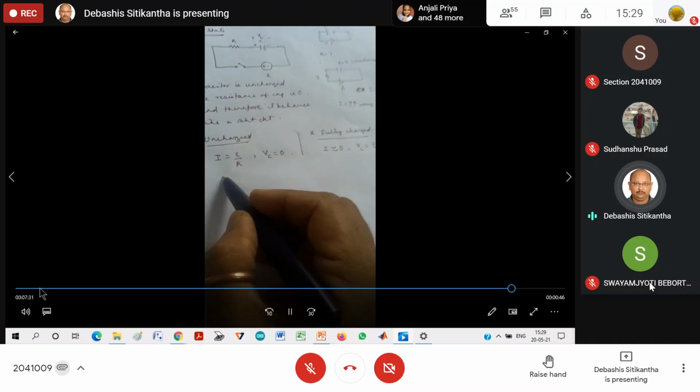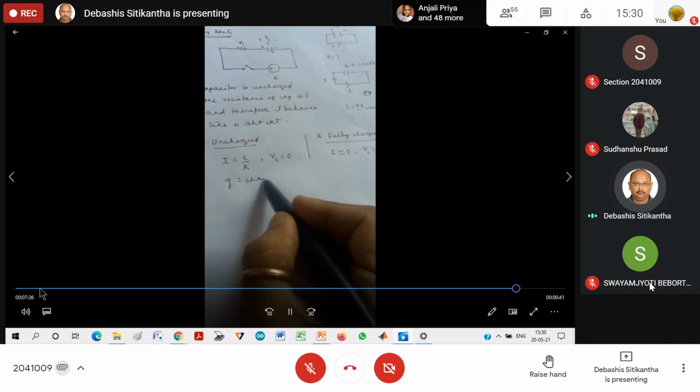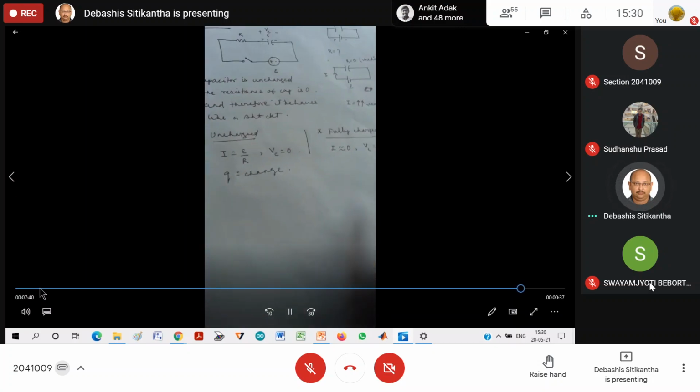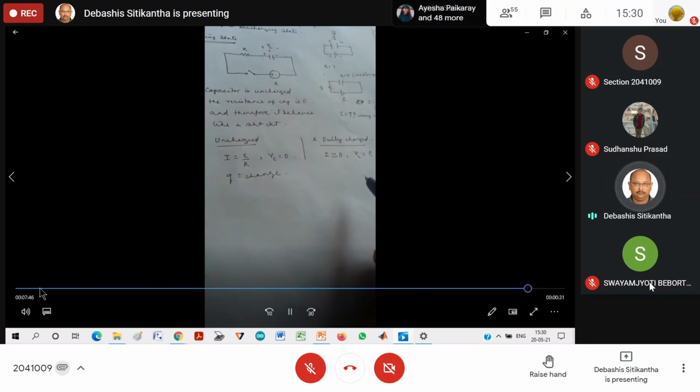When there is a change in the current, simultaneously there is also a change in the charge associated with the capacitor. So three parameters are changing in this case, and therefore it can logically be said that it is a time variant circuit.